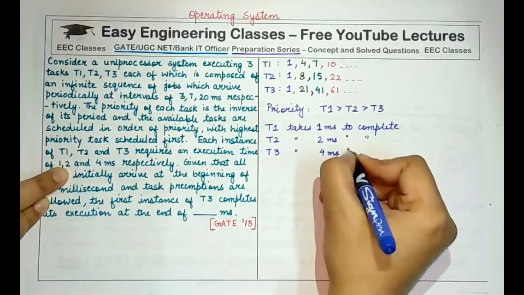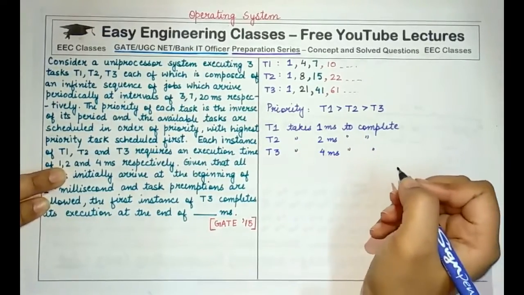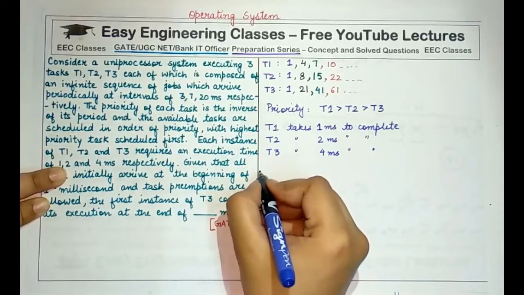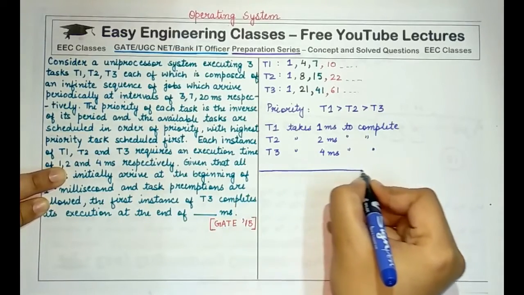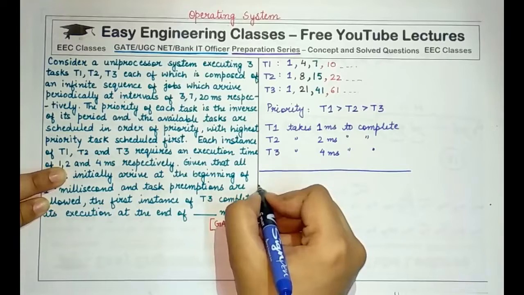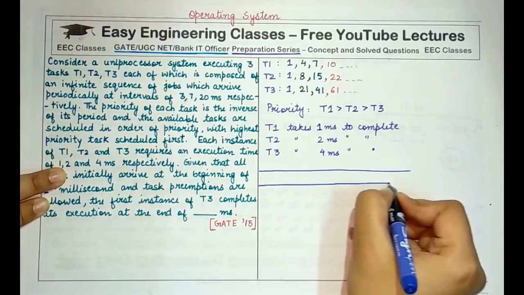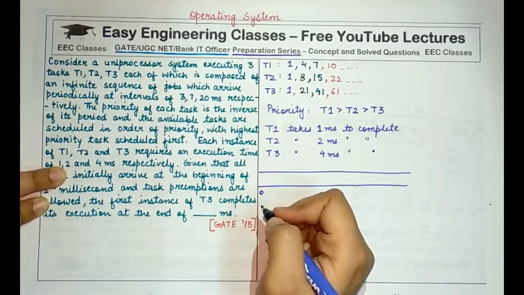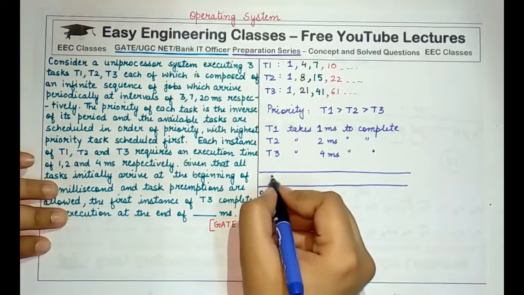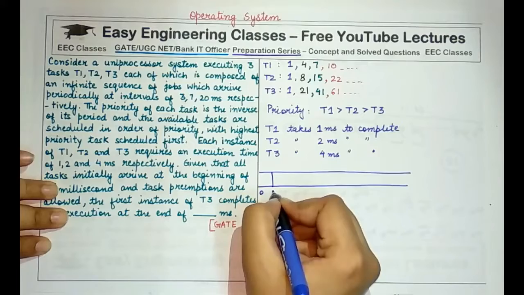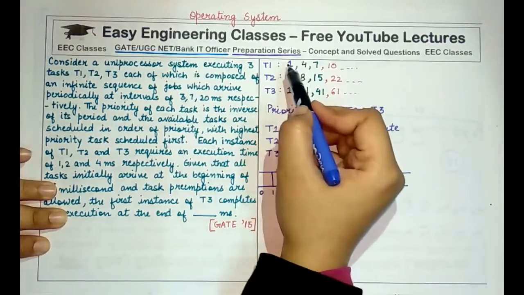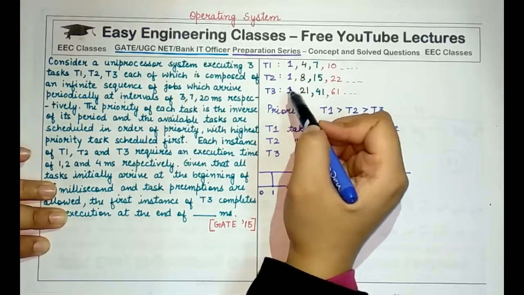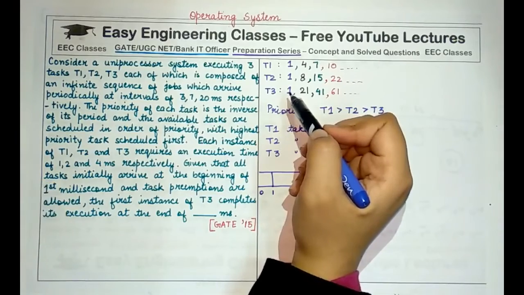Using all this information, we'll find out at the end of what time T3's first instance gets completed. Starting with the 0th time, since from 0 to 1 no process is available, the first instances of all these three processes become available at time instance 1.